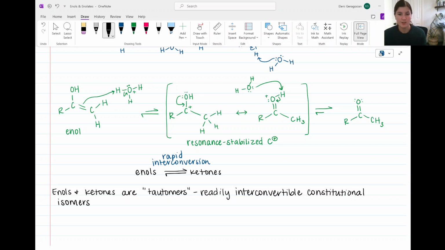Remember, constitutional isomers have the same formula, the same number of each type of atom, but different connectivity. So if you have constitutional isomers that exist in equilibrium with each other, like enols and ketones, they're tautomers. They are readily interconvertible constitutional isomers that exist in equilibrium with each other.